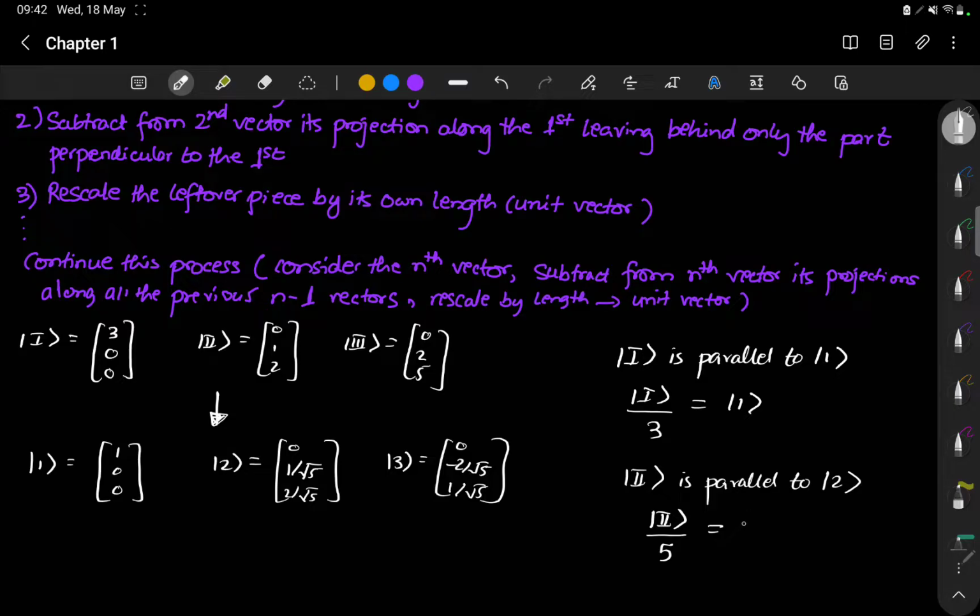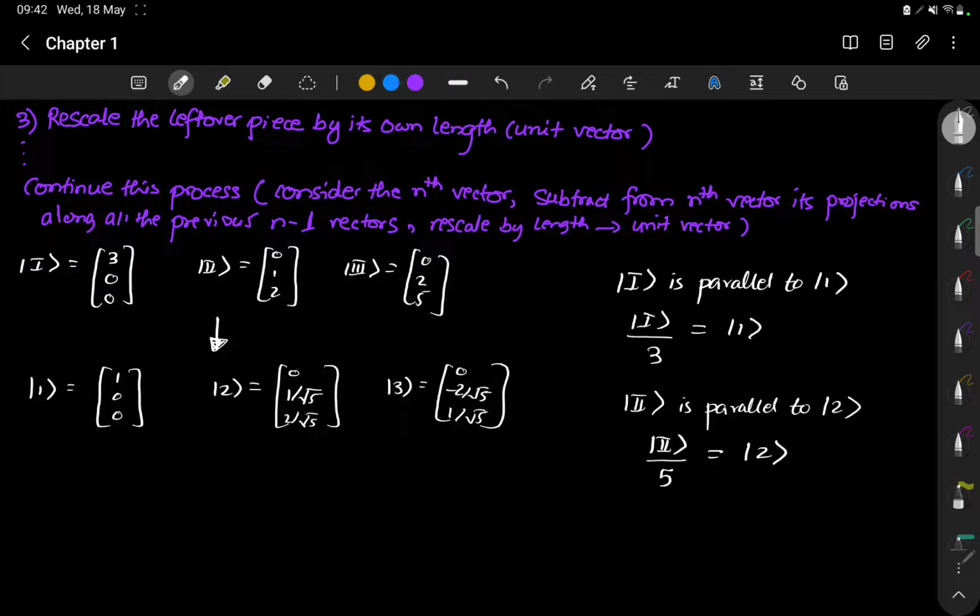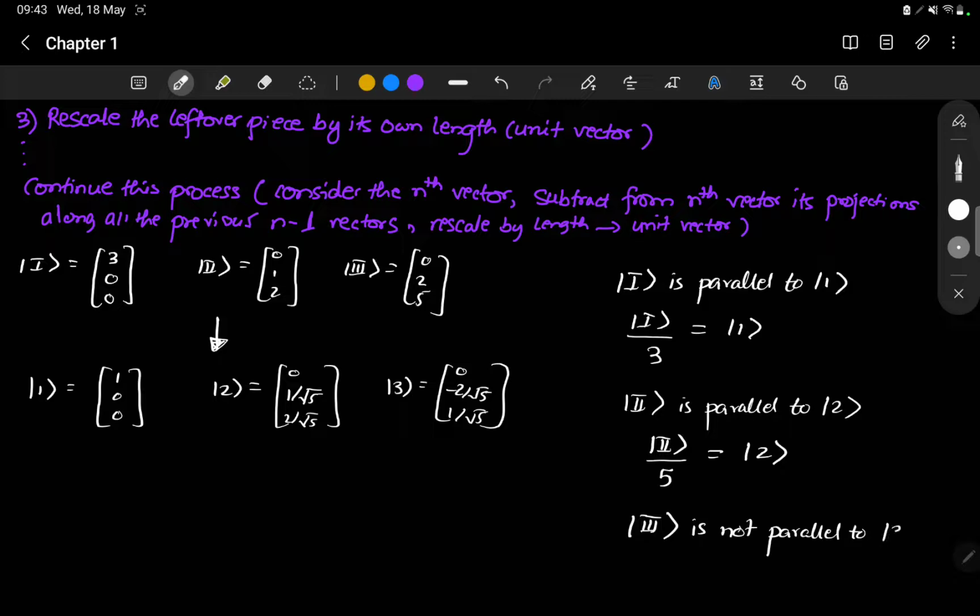But if we look at the third vector, then we clearly see that the third Roman numeral vector is not parallel to the numeric 3, because we cannot write this vector as some scalar multiple times this vector.